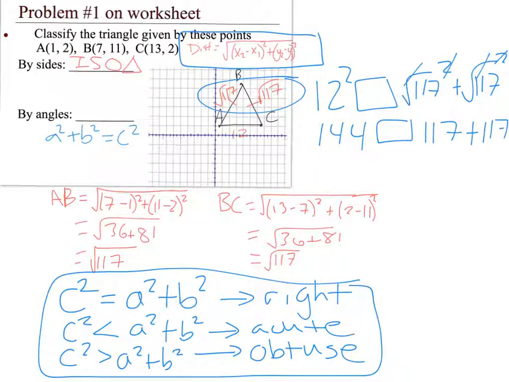Well, I'm not even going to finish adding those together. But is 117 plus 117 bigger? Absolutely. So what is this one? It's that middle option. It's acute. I know 144 is smaller than that. It's 234, for those of you wondering. But 234 is definitely bigger than 144. So c squared is less than, therefore it's acute.